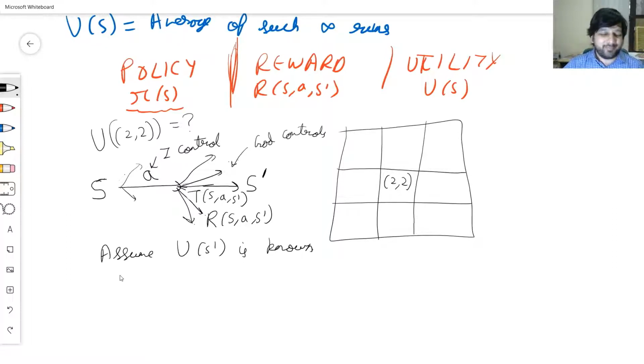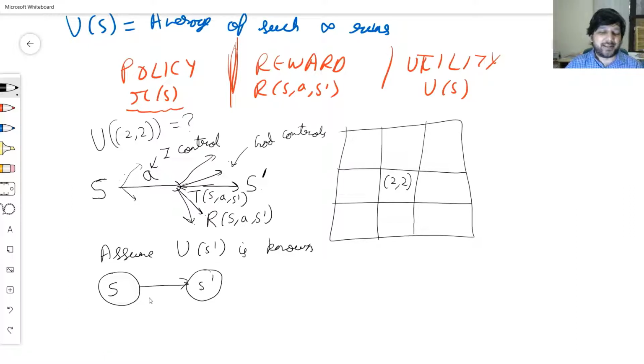So let's do it. When I go from S to S dash, what I collect as reward is R(S, A, S dash), and from S dash to goal, all I collect is U of S dash. A small way by which this can be denoted is like this.